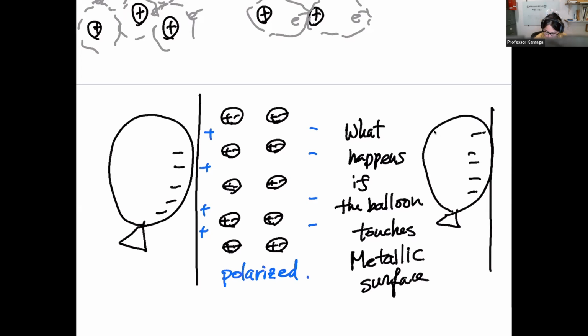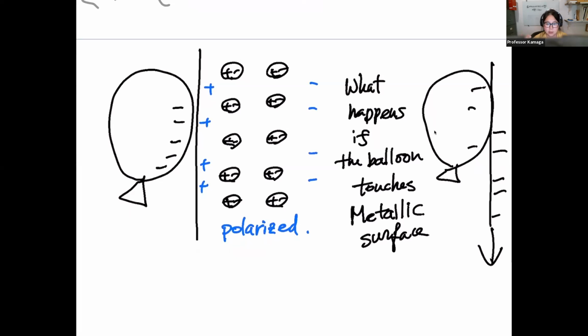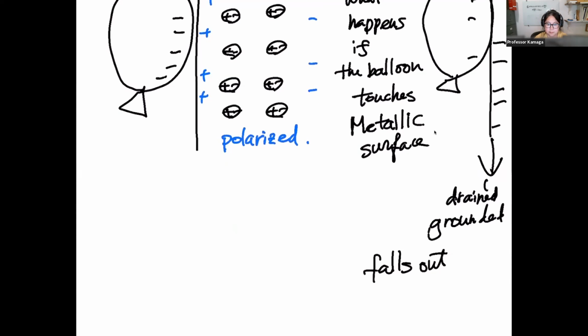This initially negatively charged balloon, this negative charge will flow into the metal, because the metal has free electrons. Electrons can move freely, and it's drained. It goes to the ground. And the balloon falls down because it loses its charge. Charge will go into the conductor, and then it loses the charge, and then it falls.